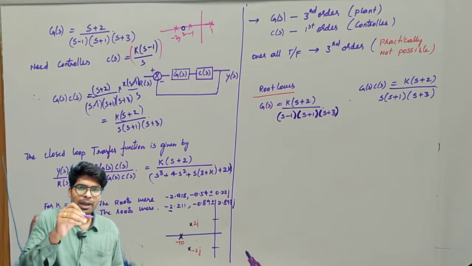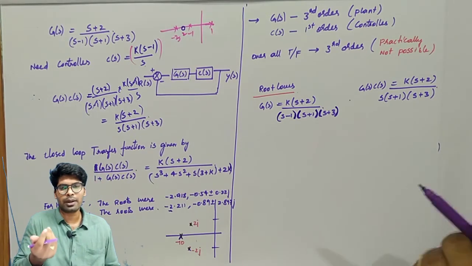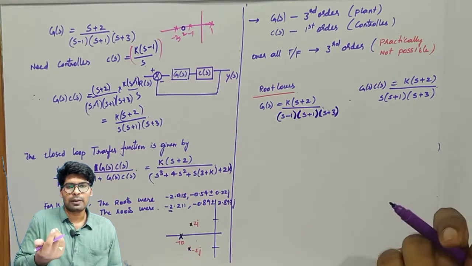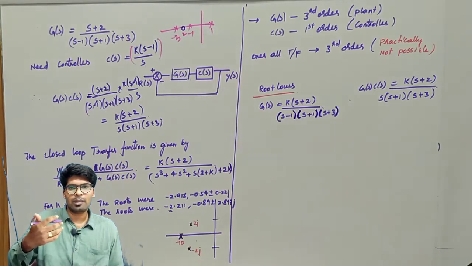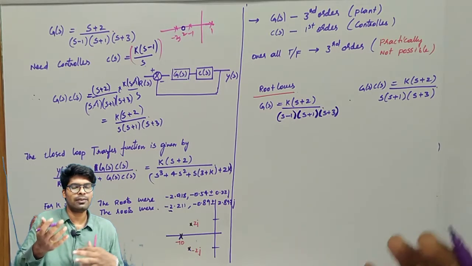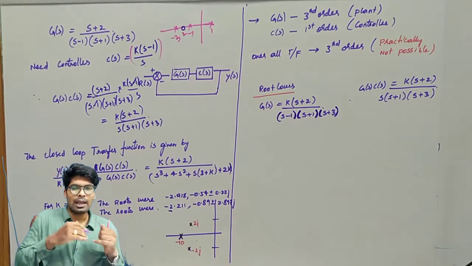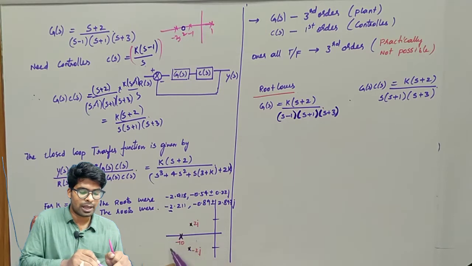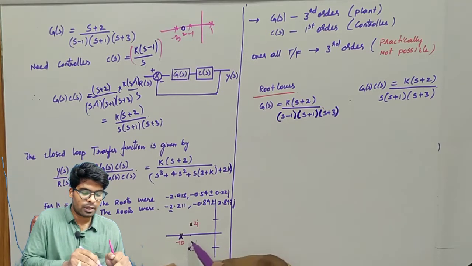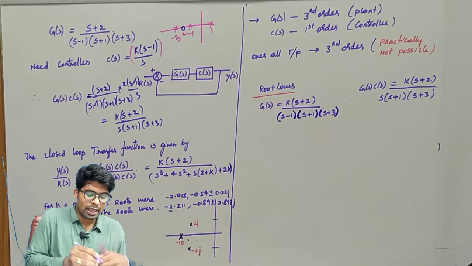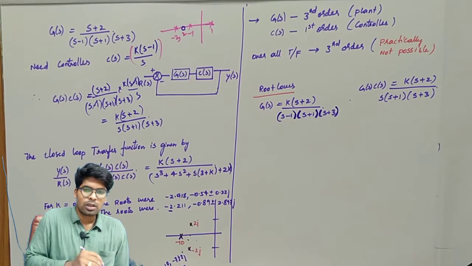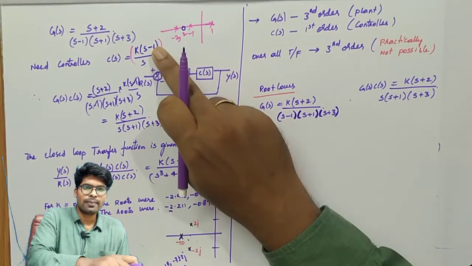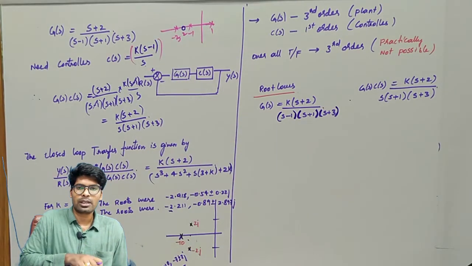To meet my specification at a given point of operation, there may be a change of poles, because the wanted response may change every time. Suppose my aim is to get the poles at -10 and -7 plus or minus 2j. If I use this controller, will I achieve this pole location?